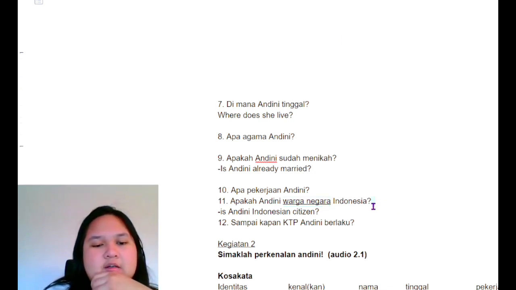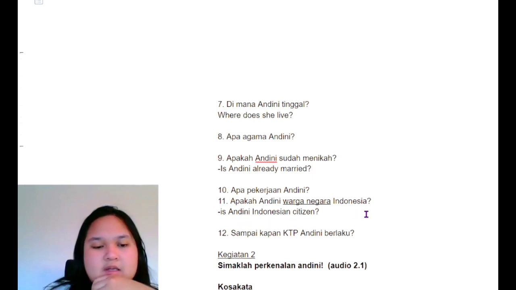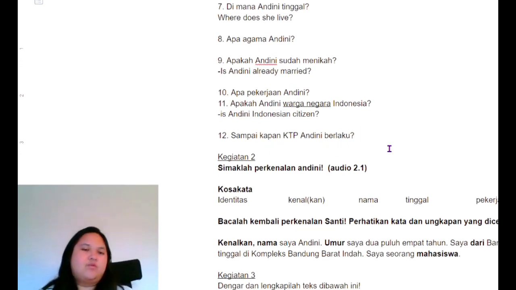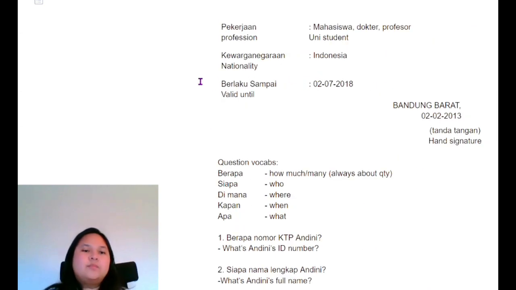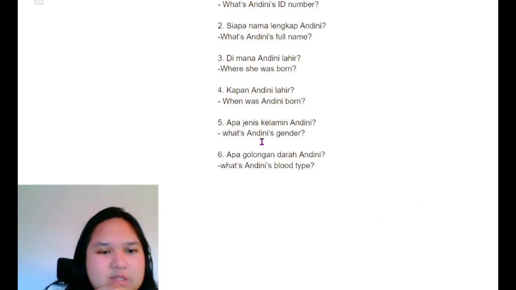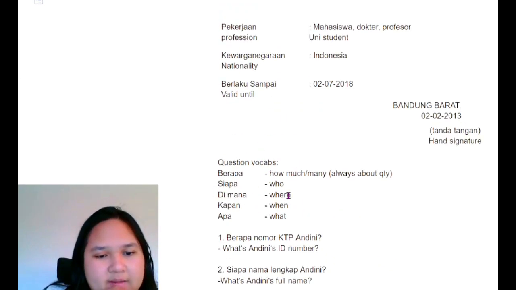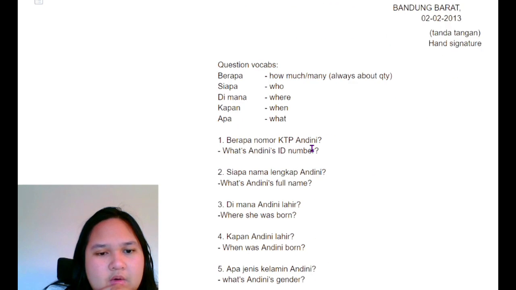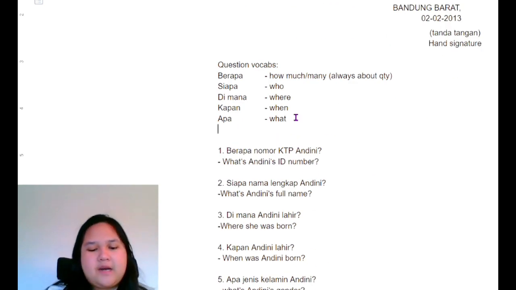And then the last one, sampai kapan KTP Andini berlaku? So we know this word, berlaku, valid. And sampai kapan means, sampai is until, so until when? Yeah, kapan? Did we say kapan here? Yeah, when. And okay, here we don't have bagaimana.